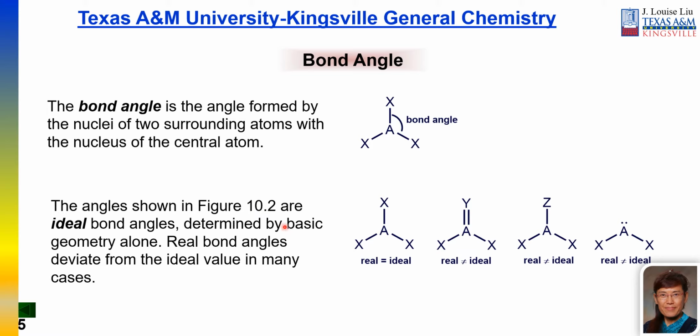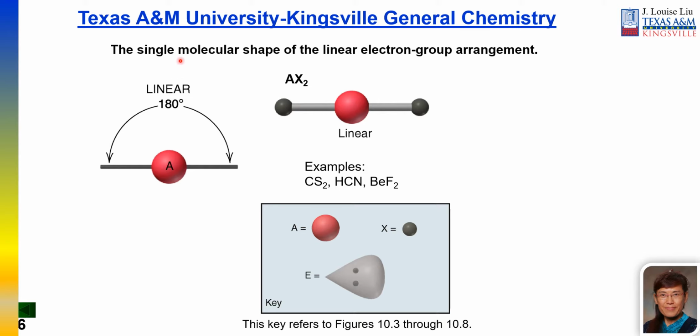Let me show you the first group of the structures. If you have A, which is bonded with 2 different atoms, AX2. In this case, these 2 X's and A, the central atom, form single bonds. These electron groups are located opposite to each other to minimize the repulsion.